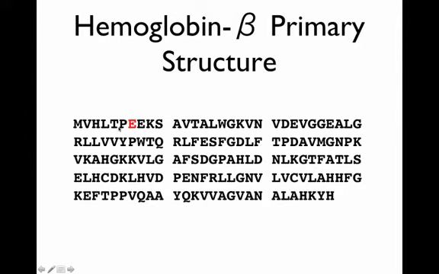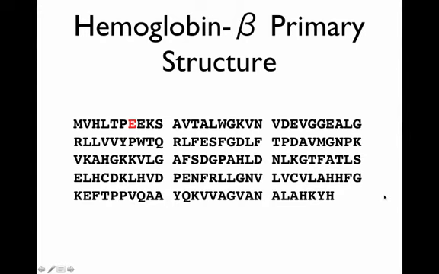And so it's an easy way of pointing out to people where certain changes take place, where certain mutations take place that can cause certain diseases. So that's primary structure of a protein molecule, when you just list the order of the amino acids in your protein molecule.